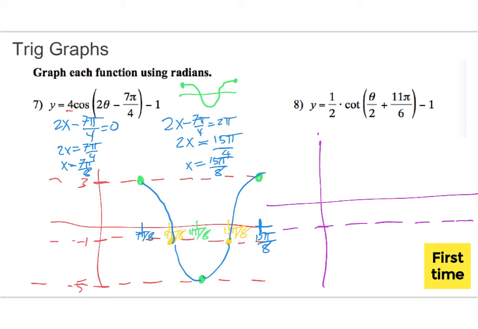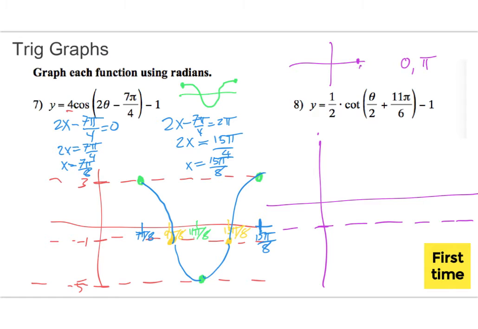And then I'm going to do the same thing that I did before for dealing with the beginning and the end. But instead of 0 and 2 pi, I'm going to use 0 and pi. Because those are places that I may have to deal with either asymptotes or zeros. And I always have to think about this for a moment for cotangent.